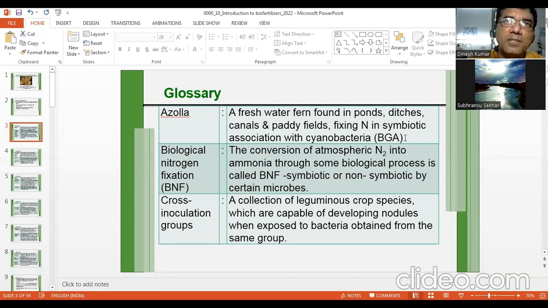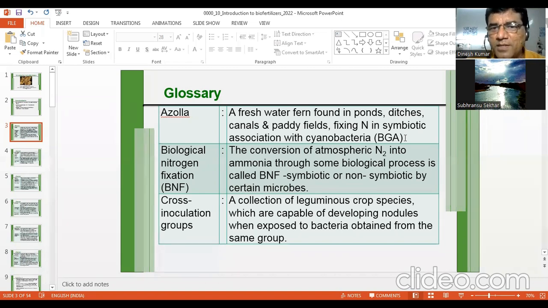And sometimes it causes a lot of problems in the water bodies also, because there it can create some algal bloom, or shortage of oxygen can lead to death of fish and other aquatic animals. So azolla is not always beneficial. Sometimes it can be harmful also.